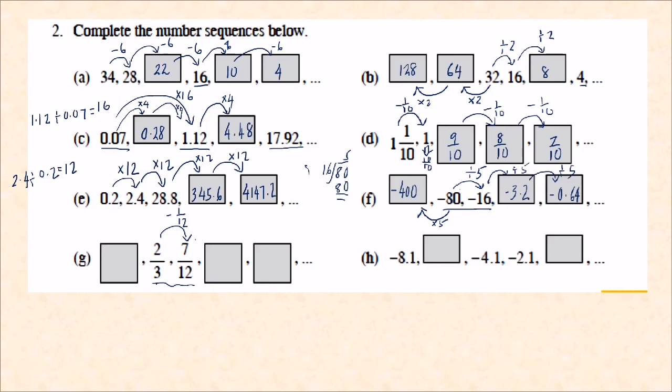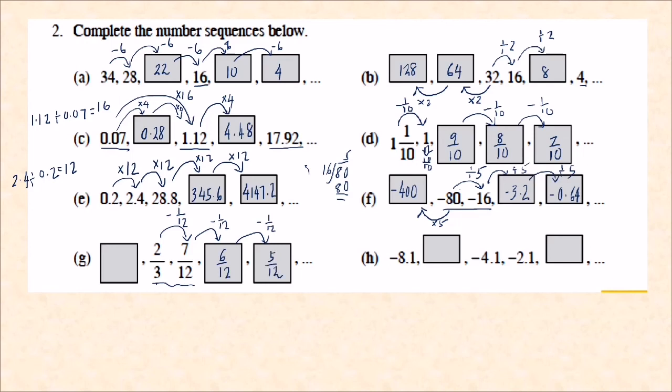So 7 over 12 minus 1 over 12 equals 6 over 12. 6 over 12 minus 1 over 12 equals 5 over 12.